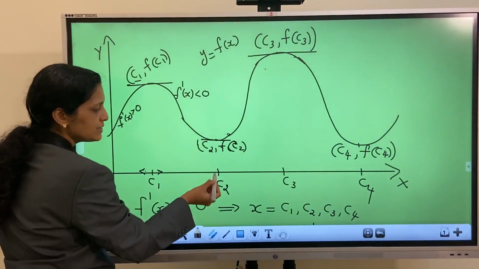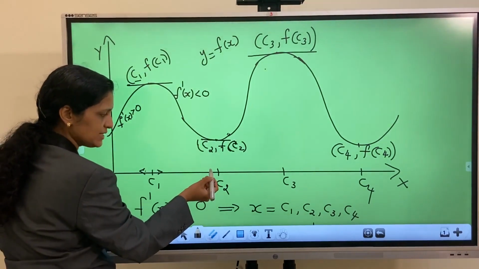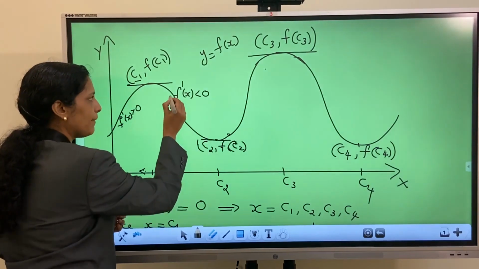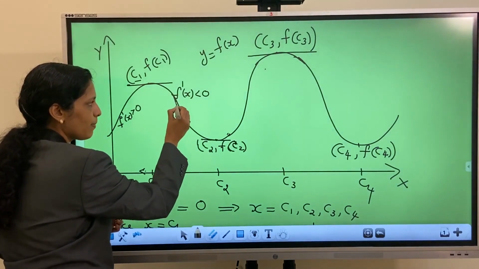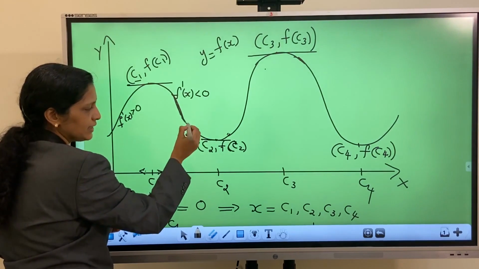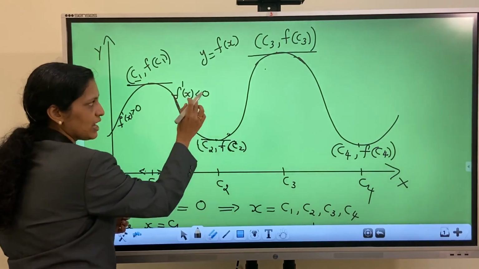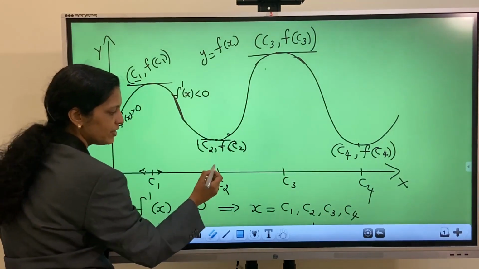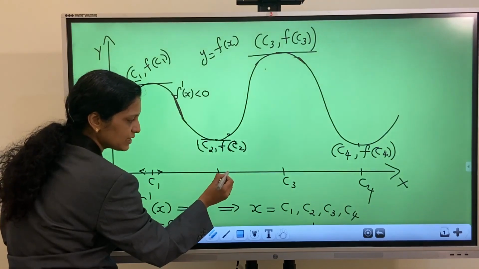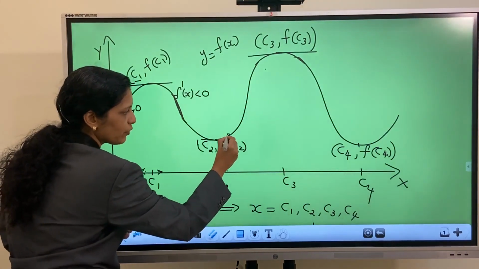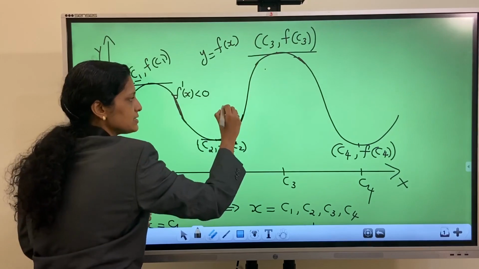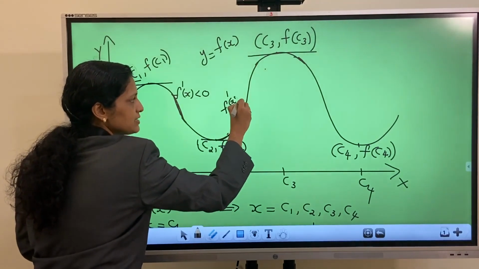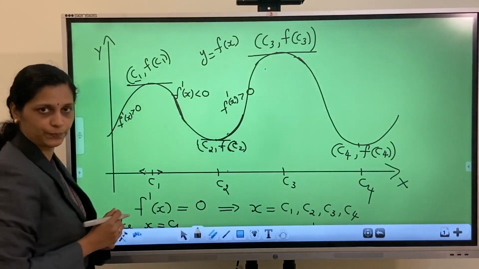When we are taking points less than C2, what happens to our graph? The graph decreases, that is, f dash x is less than 0. When we are taking a point greater than C2, the graph increases, therefore f dash x is greater than 0.